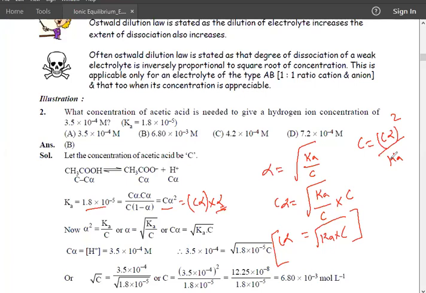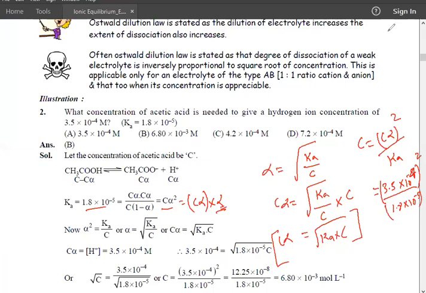Now what is C alpha? Just put the value here. It is 3.5 into 10 power minus 4, whole square, divided by 1.8 into 10 power minus 5.